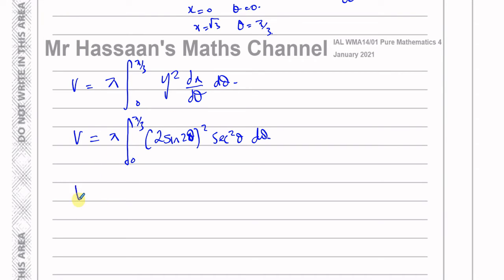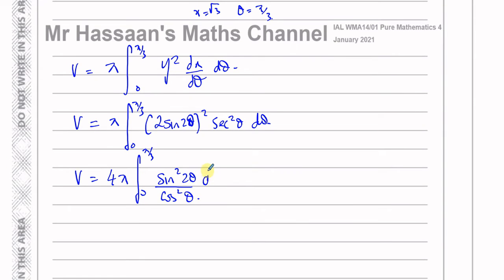First, let's expand this. This is going to be 2 squared, which is 4, so this will be 4 times sine squared 2 theta. I take the 4 outside, so I'll have 4 pi, sine squared 2 theta over, now sec squared theta is the same as 1 over cosine squared theta, so I'll write this as cosine squared theta. Now, I think it will be easier for me actually to change this, because I could try to make this into a double angle, but I think that's going to be more complicated.